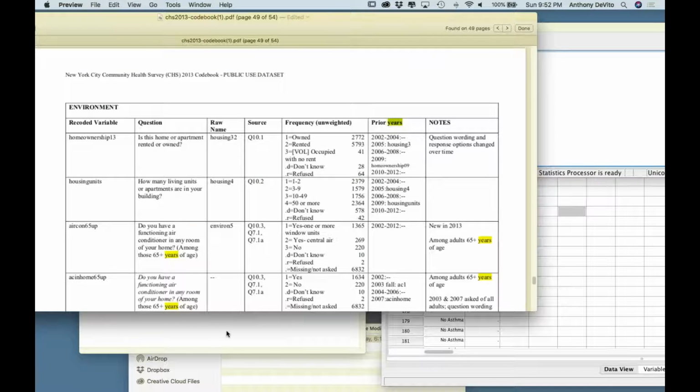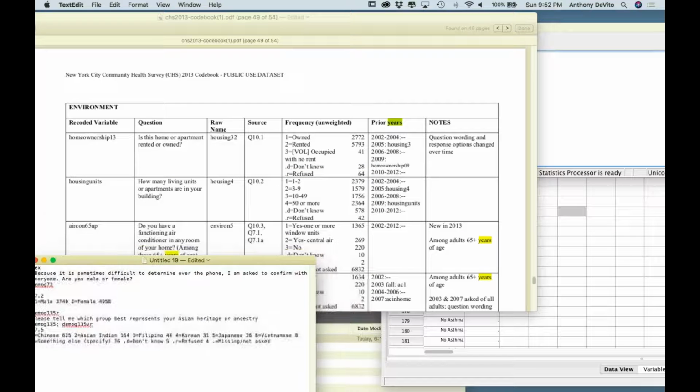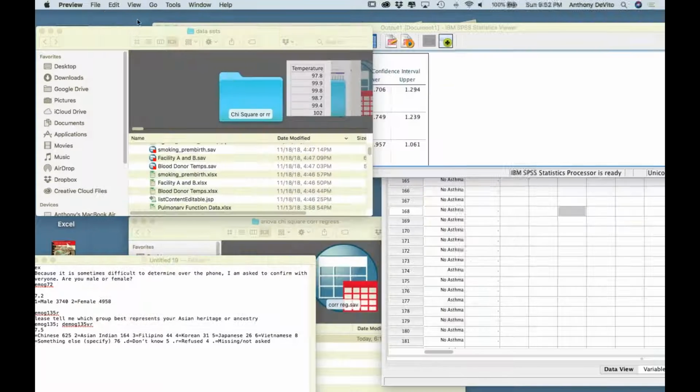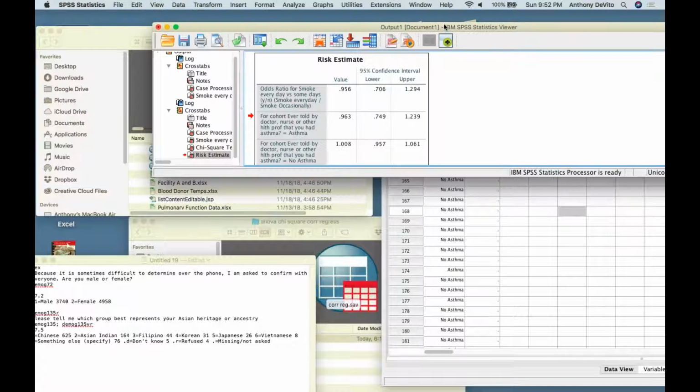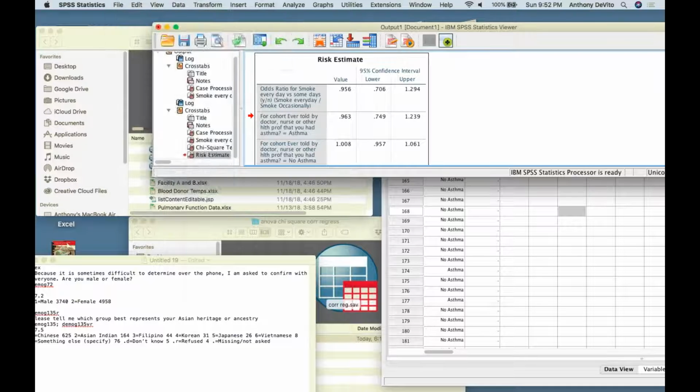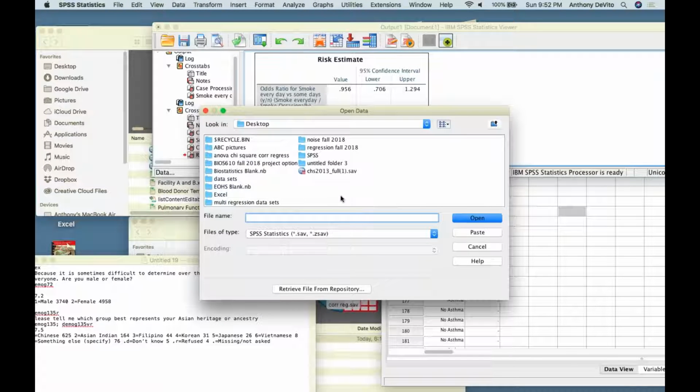I'll tell you what, I got another way of doing this. Yeah, I got these two. I'm going to look at my variables. If I had time to do it, I would really go through these data sets a little bit more carefully. Let me reopen this data set, this SPSS data set.